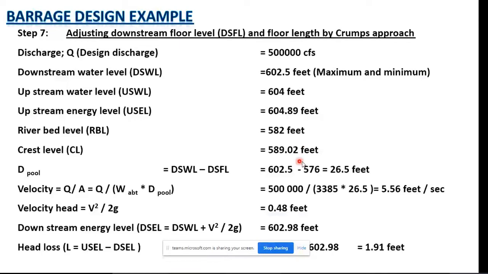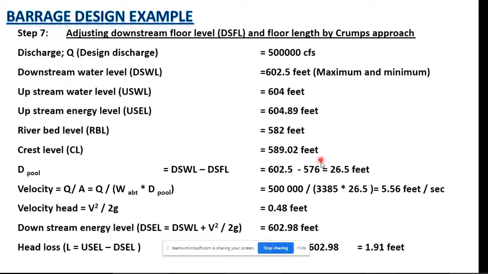Depth of pool. As in the last step, we have adjusted the floor level to a lower elevation, and we will term that a pool. The depth of that pool will be the difference of the downstream water level and the downstream floor level, as decided in the previous step in the Blench method, from which we started today's class.